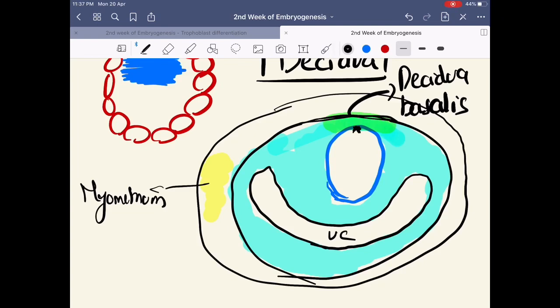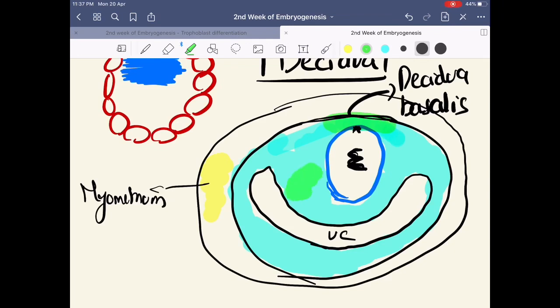Now there is this part of decidua that is separating our embryo. This is the embryo. I'm marking it as E for embryo. Now there is a part of this decidua that is going to separate our embryo from the uterine cavity here.